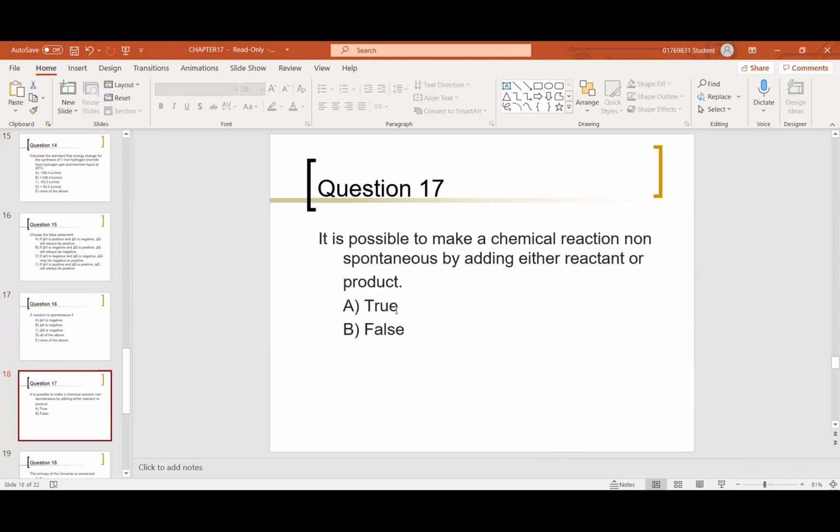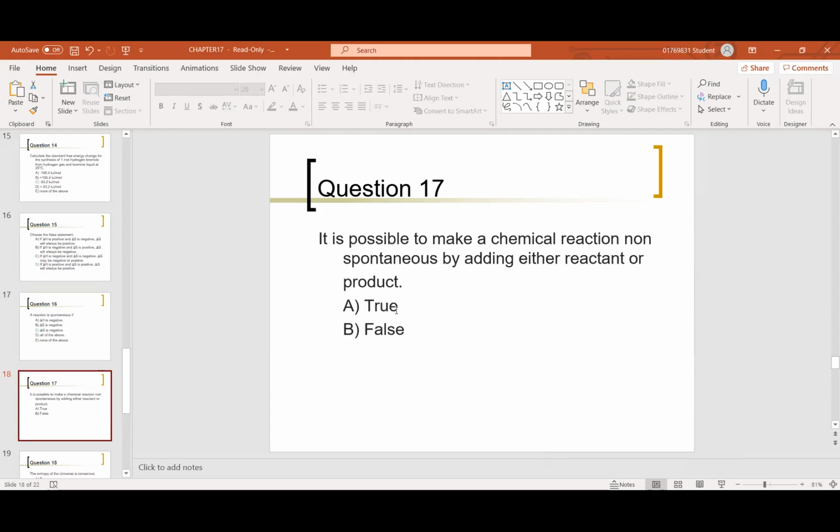I'm not sure. If it's spontaneous, then it's product favored. So if you add more reactant, then it'll be more product favored. If you add more product, I guess you will shift equilibrium.